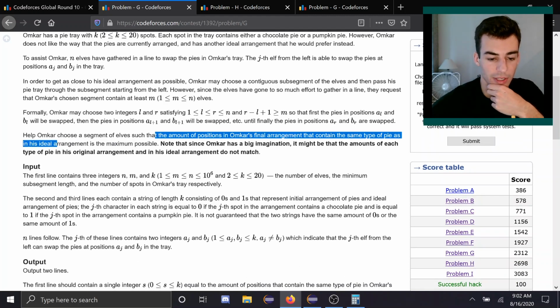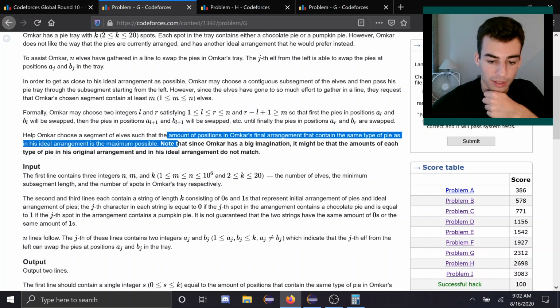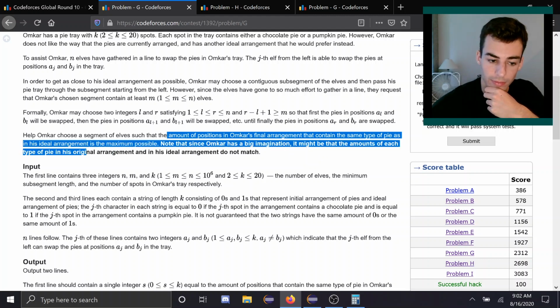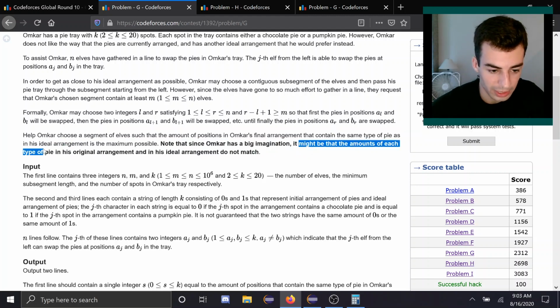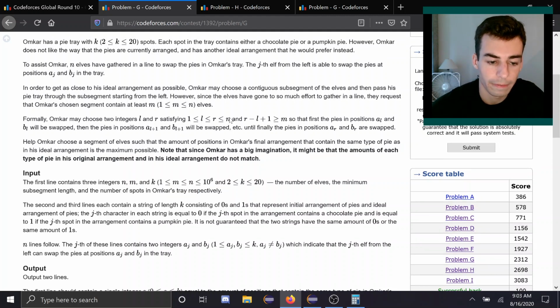Help him choose some subsegment of elves so the amount of positions in his final arrangement of the same type is maximum possible. It might be that the amounts of each type of pie... Wait, what?